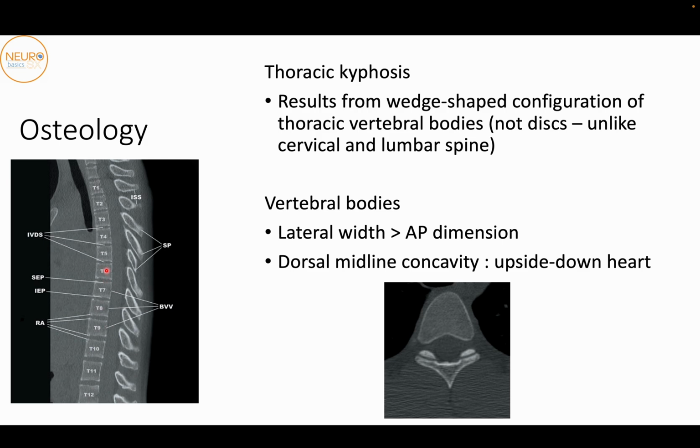It is because the vertebral bodies are wedge-shaped. The posterior height of the vertebral bodies is longer than the anterior height, and that is why there is a thoracic kyphosis and not because of the intervertebral discs. The vertebral bodies also are greater in lateral width than in AP width. They also have a dorsal midline concavity, and that is why in the thoracic spine the vertebral body looks like an upside down heart.